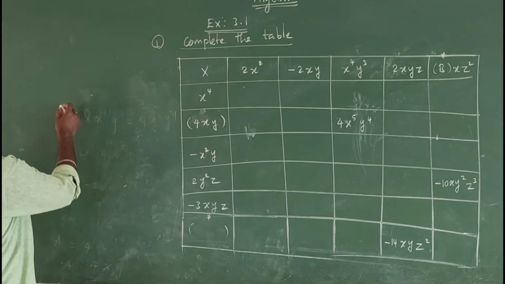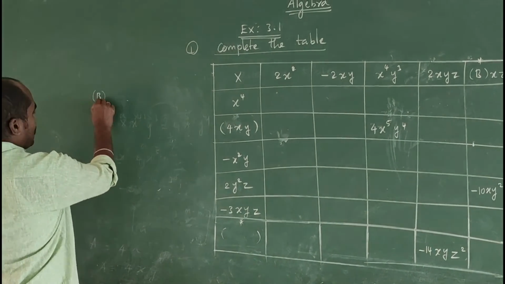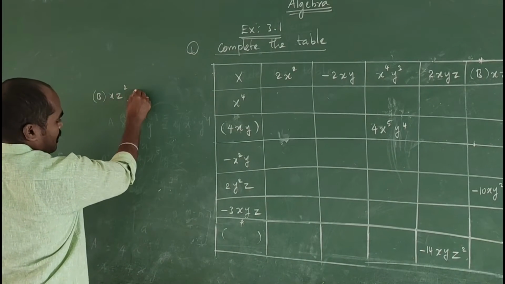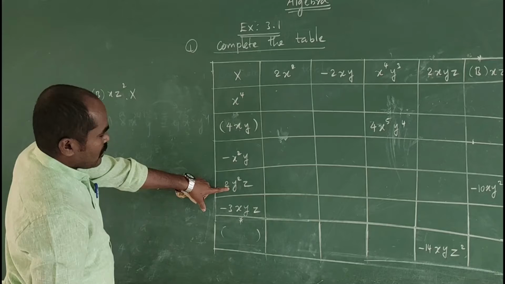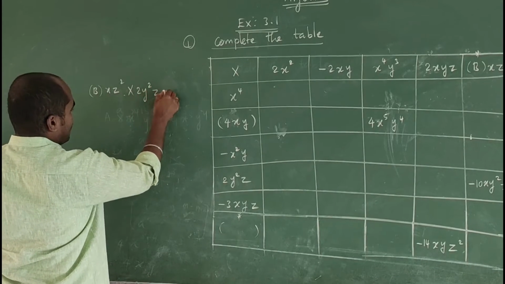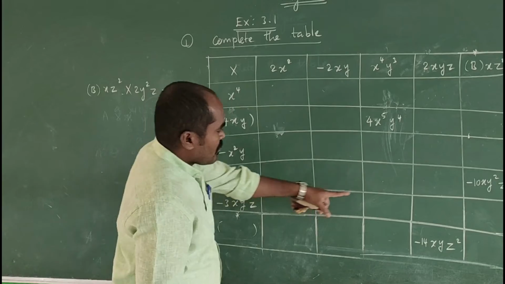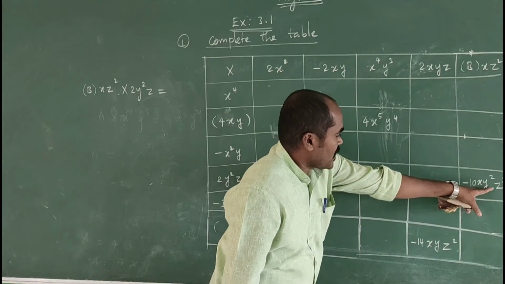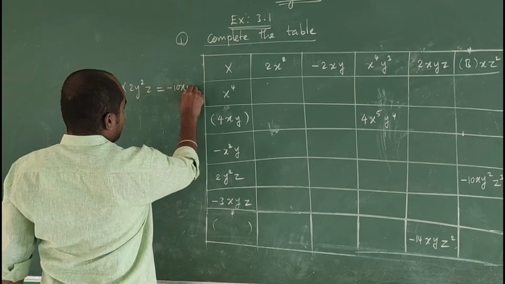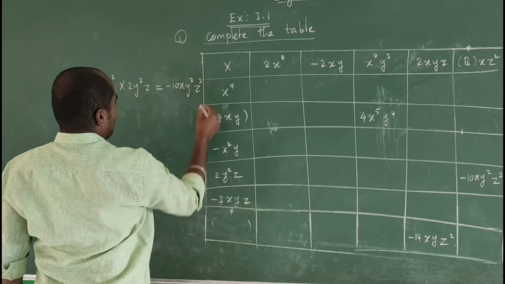Right? So b is unknown. b into x z square into 2y square z is equal to minus 10x y square z cube.